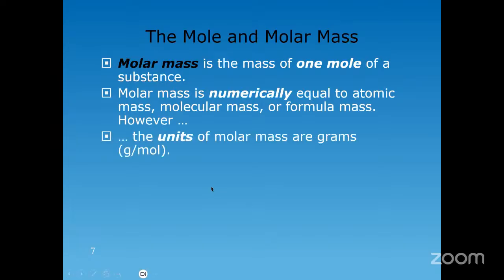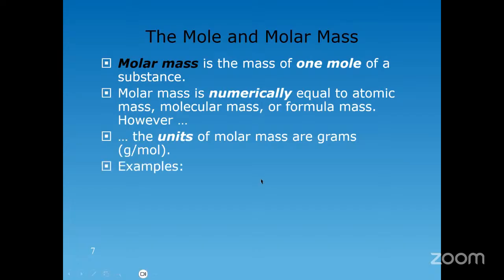The difference is the units, right? So numerically, they're the same, but the units will be different. In the case of molar mass, the units would be expressed in grams per mole, but in the case of atomic mass, molecular mass, or formula mass, the units will be expressed in AMU as we saw earlier, right? So numerically, they're going to be the same, but the units are going to be different.